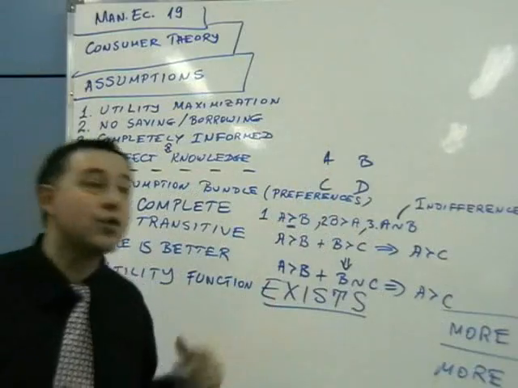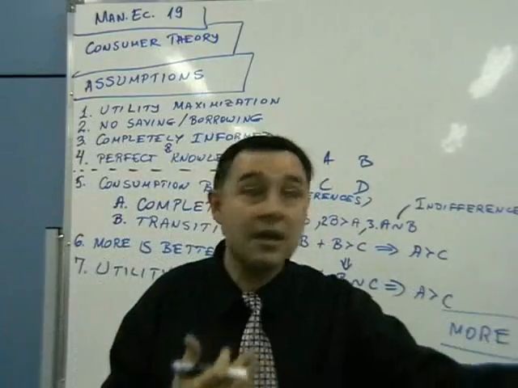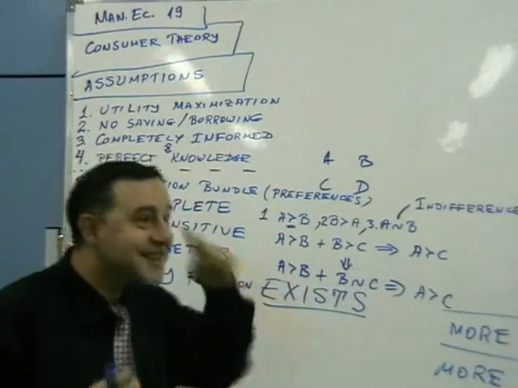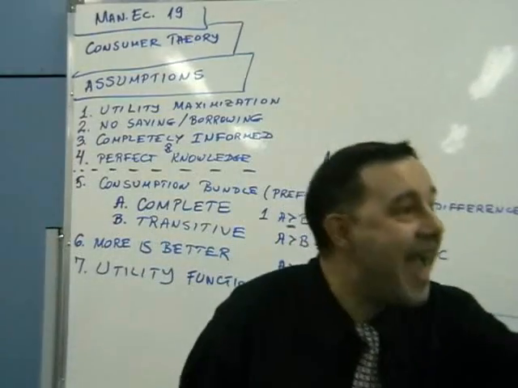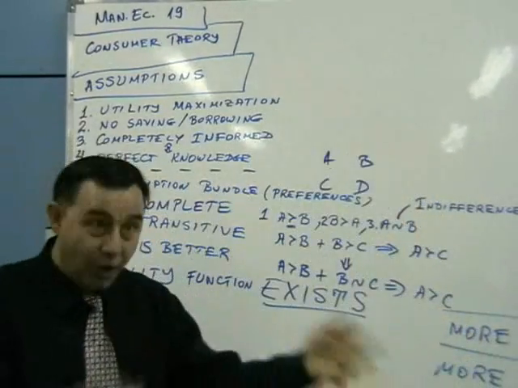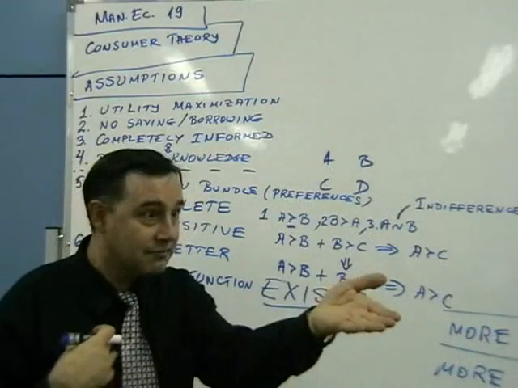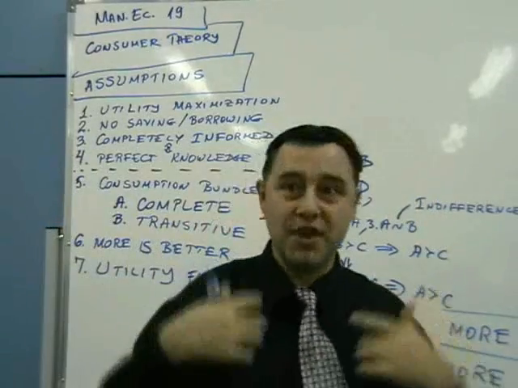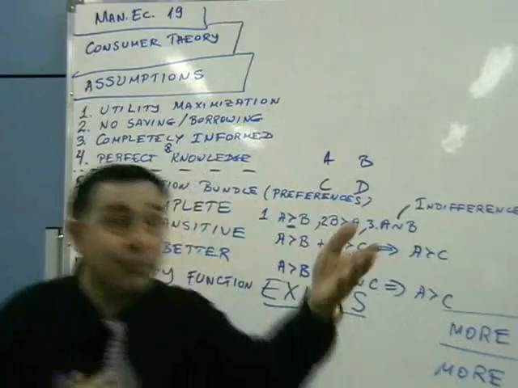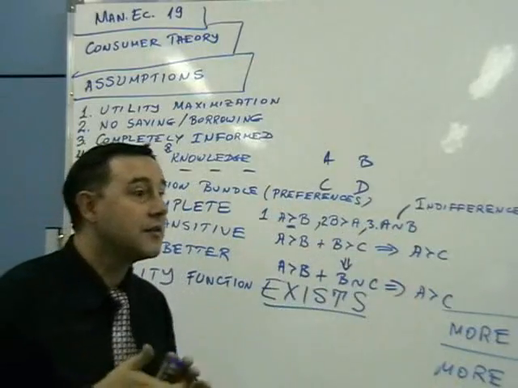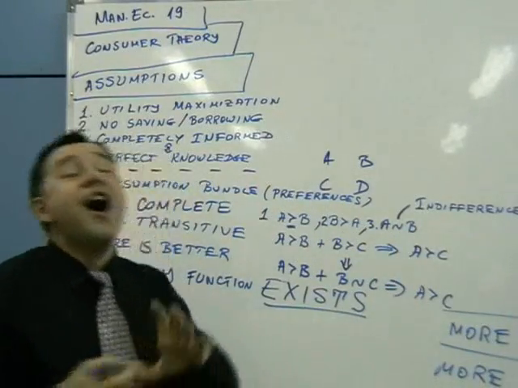I eat pork and that's okay, you don't. For you, pork is economic bad. Actually, eating pork is really bad for you, right? So for me, pork is economic good, and for you, pork is economic bad. So how can we use a utility function for all consumers?